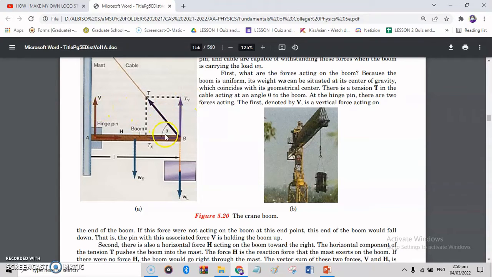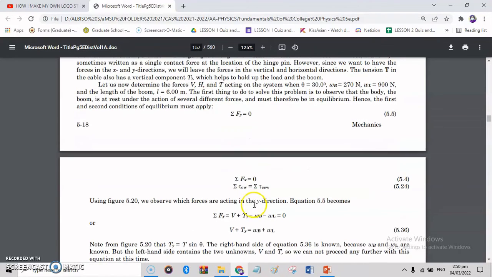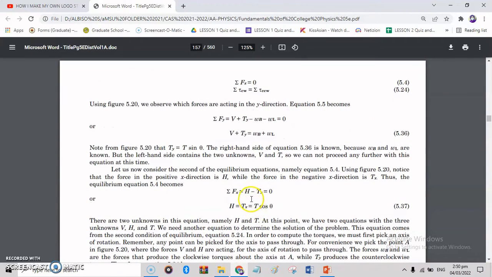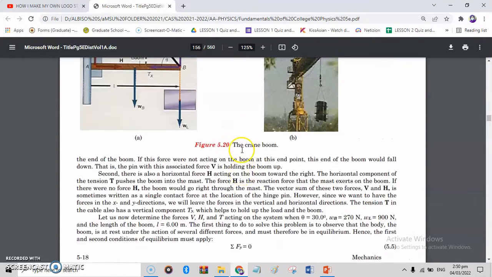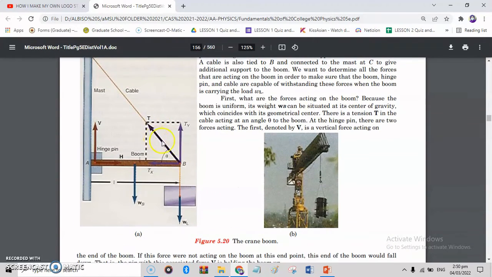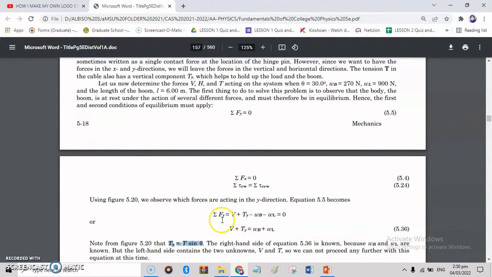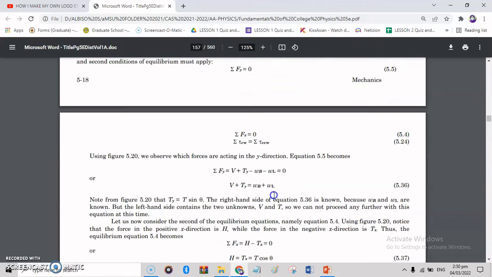You see from this figure that Ty is equal to T sine theta, and minus WB and minus WL. So that is the forces along the y-axis. Move the two negative terms to the other side to make them positive.